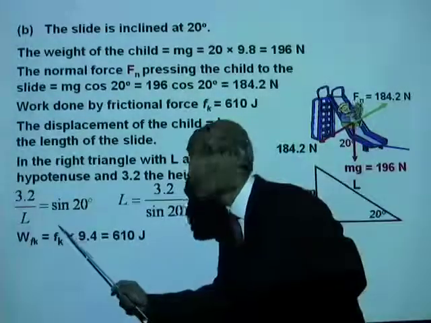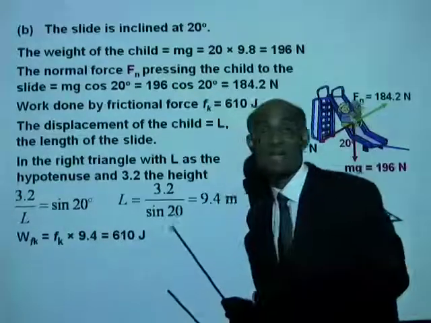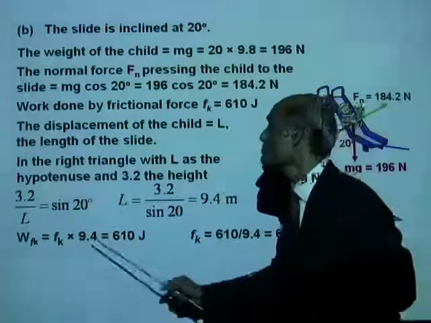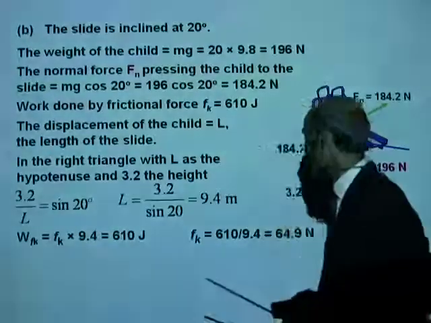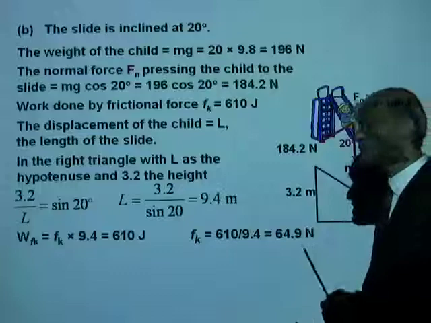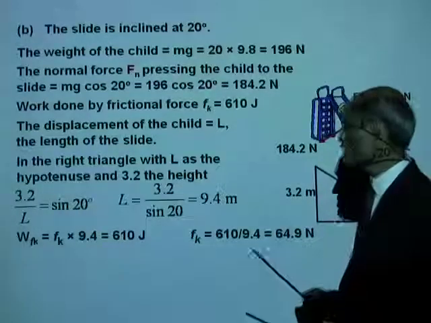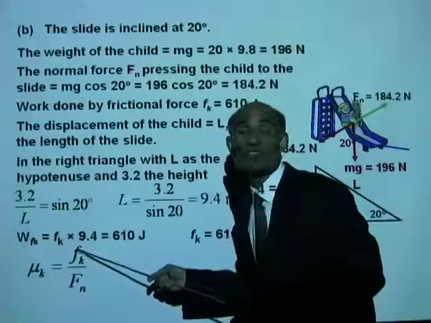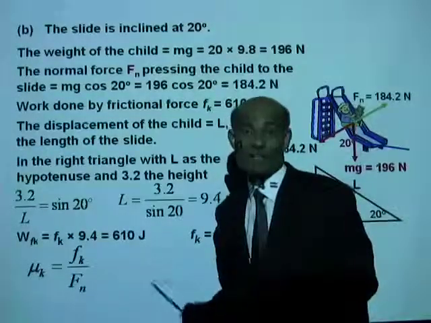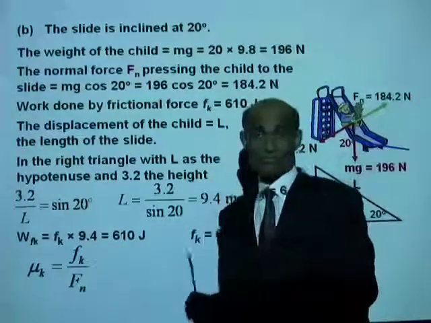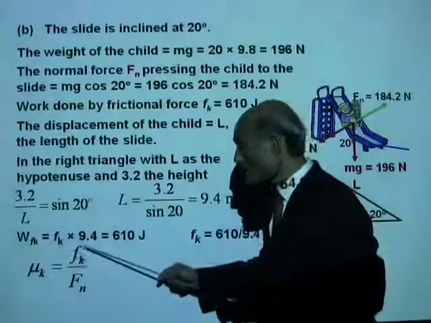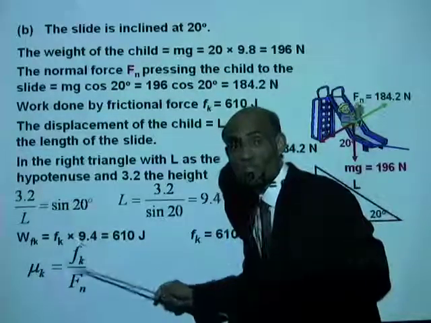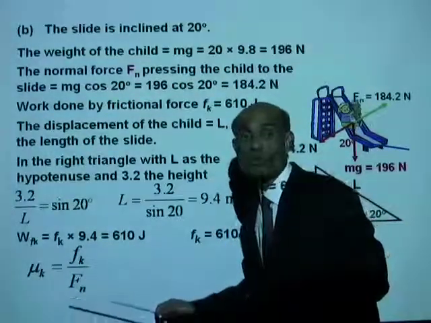And therefore, we can calculate Fk. What is Fk equal to? Fk is 610 joules divided by 9.4, and that is 64.9 Newton. And mu k is Fk over Fn. I'm sure you now remember, we started with this a little while ago. Mu k is the force of kinetic friction divided by the normal force.